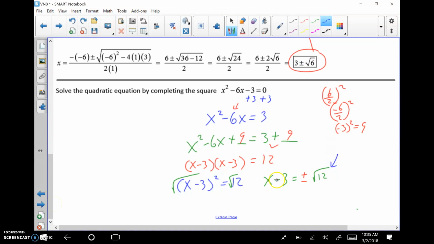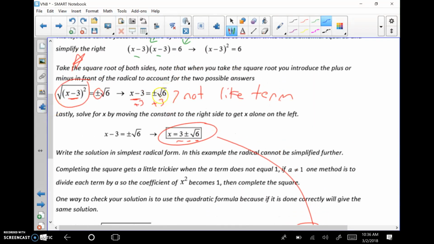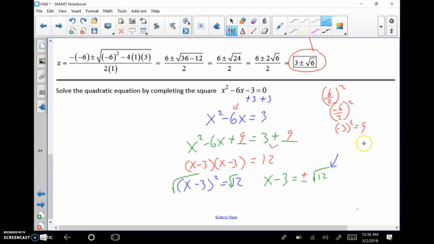Let's simplify it first. So here's rad 12. We need to be able to simplify it. The case up here that I did for a demo, rad 6, there's no square factors that go into rad 6 other than 1. But rad 12, yes, it could be divided by 6 and 2, but that's not going to work. It's going to require 4 and 3.